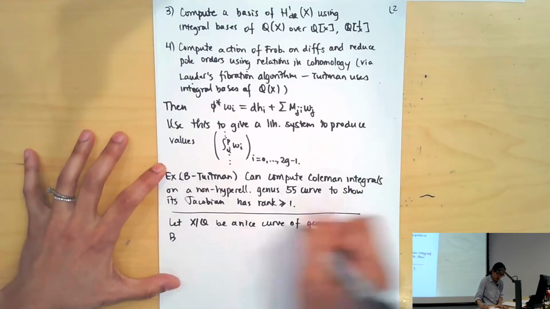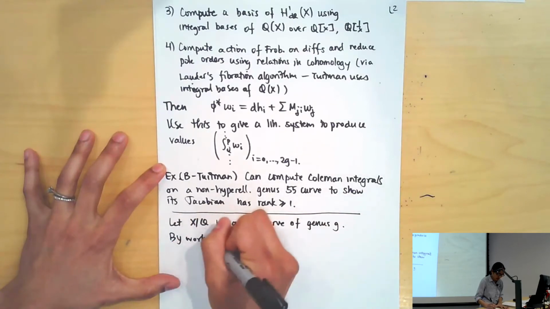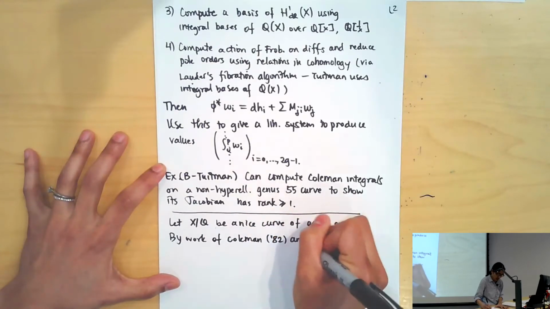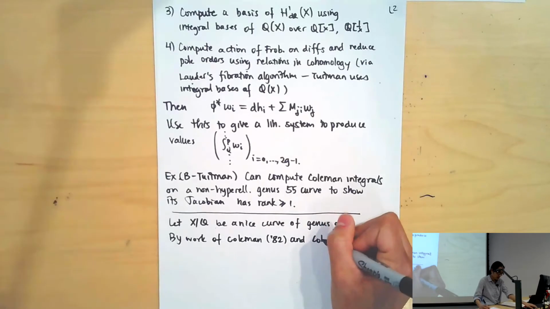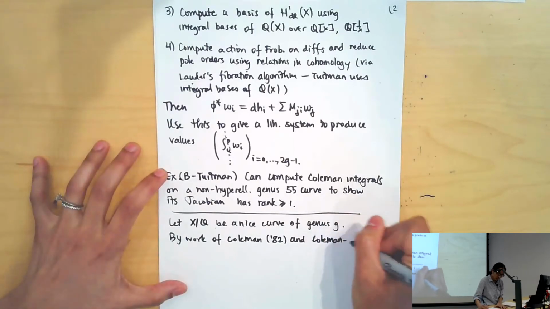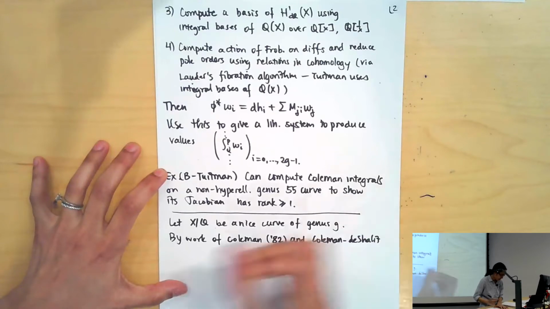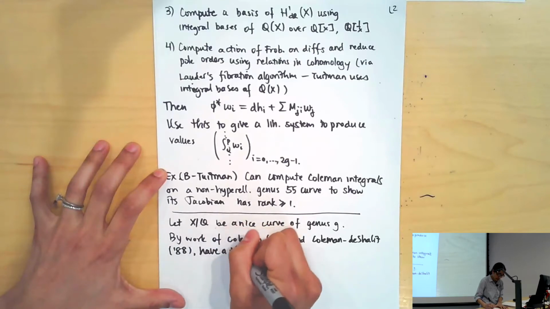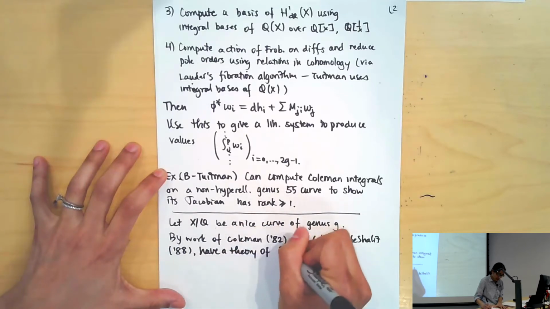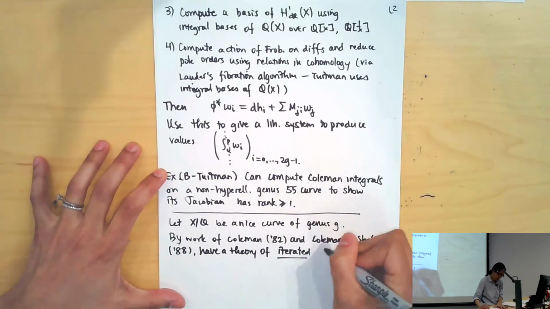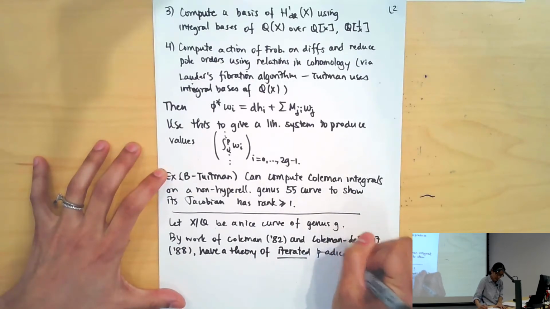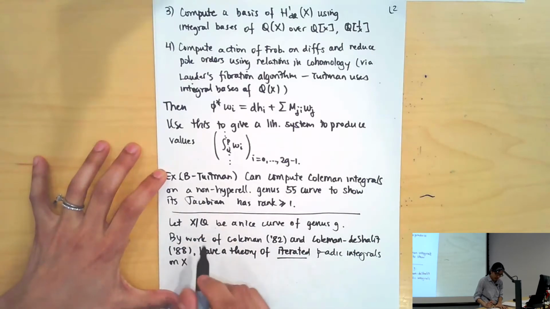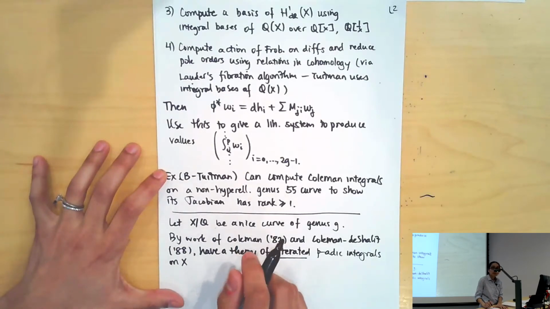By work of Coleman and Coleman-Dirichlet, we have a theory of iterated p-adic integrals on X, and more generally for higher dimensional varieties as well by work of Besser.